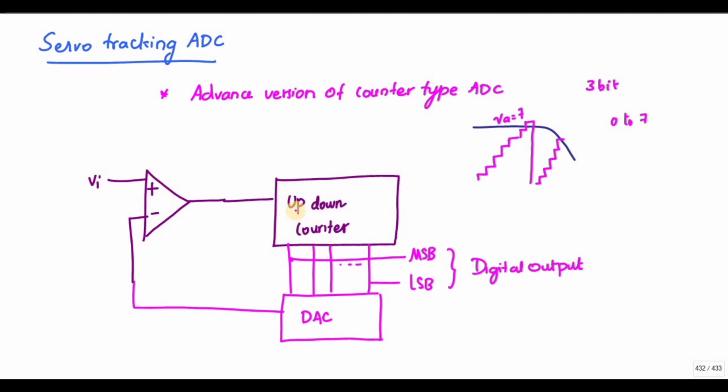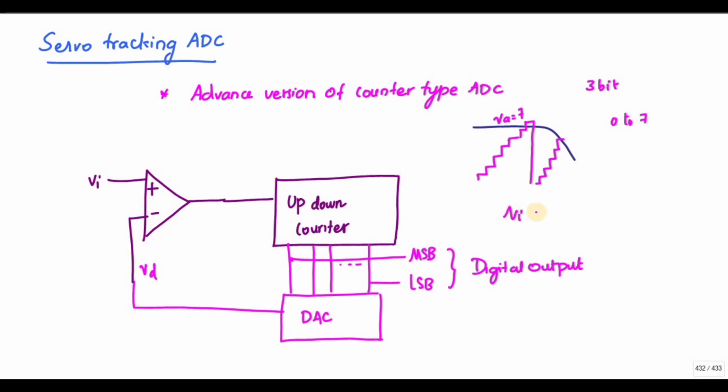Whereas here we have an up-down counter, so by using the up-down counter, I can go in the up and down directions. This circuit consists of an up-down counter, which is controlled by a comparator.